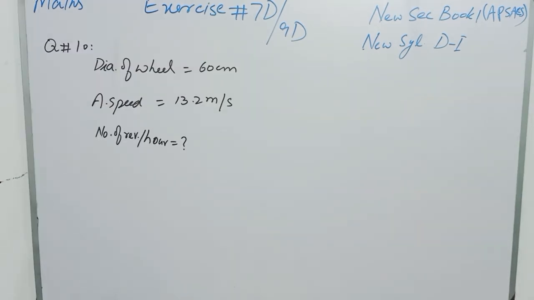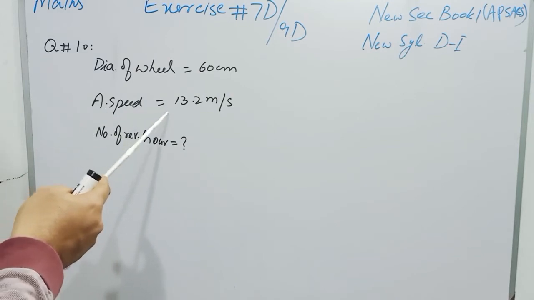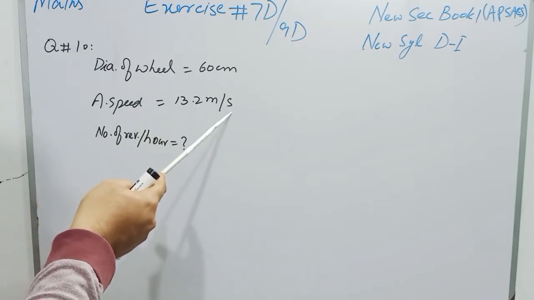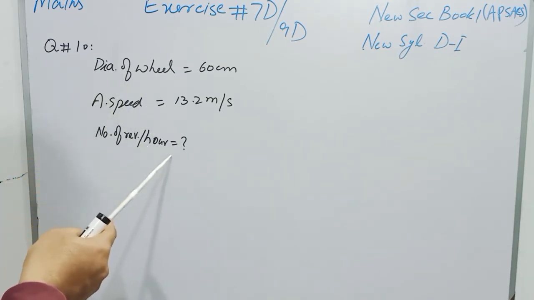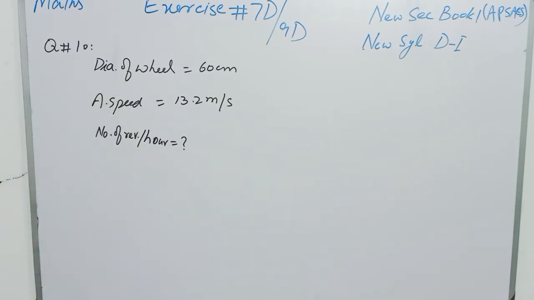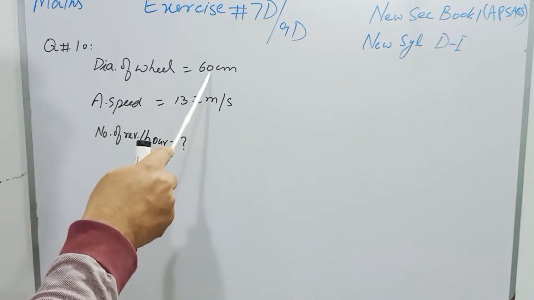Students, question number 10 of the same exercise is: the diameter of a wheel of a car is 60 centimeter and it is moving with an average speed of 13.2 meter per second, and we have to find the number of revolutions of the wheel per hour. So students, first of all, I will find the circumference of the wheel in meter, as the diameter is given in centimeter.